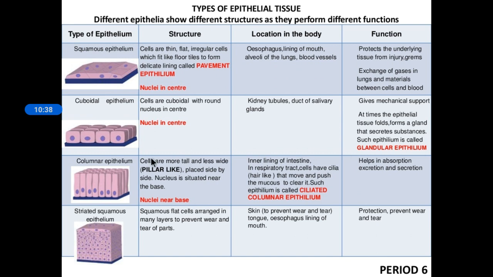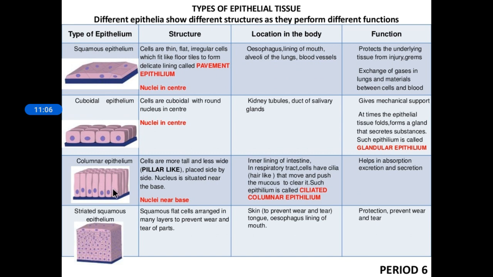Then comes columnar epithelium. Here you can see column-like or pillar-like cells, and the nucleus is at the base region. It is present in the inner lining of our intestine and in the respiratory tract.